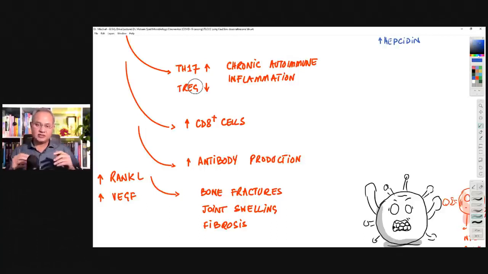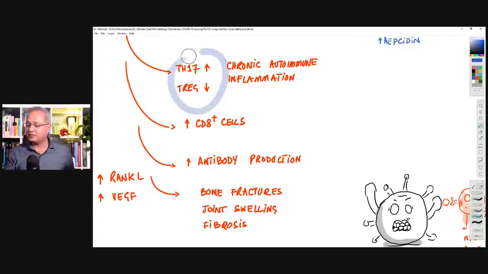These two cells are usually present in a balance, and their function is to keep the immune system war in balance. When the war is happening, these two cell types' job is to make sure that the war occurs without getting out of hand, and number two, that it finishes at the right time. Inflammation stays there for 4 or 5 days and then inflammation stops. That is a function of these cells.